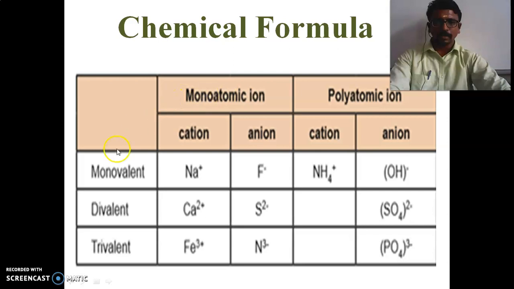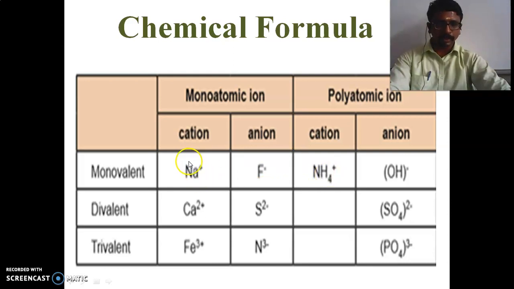First, monovalent means it has only one valency. For a monoatomic ion, atomic means it contains only one element. Polyatomic means it contains two or more elements.